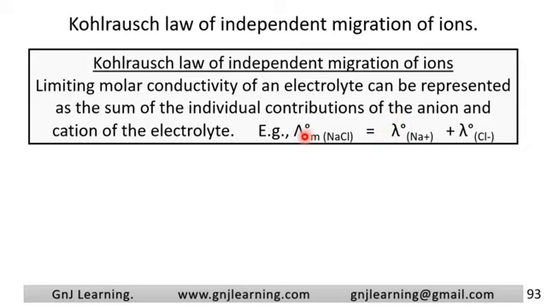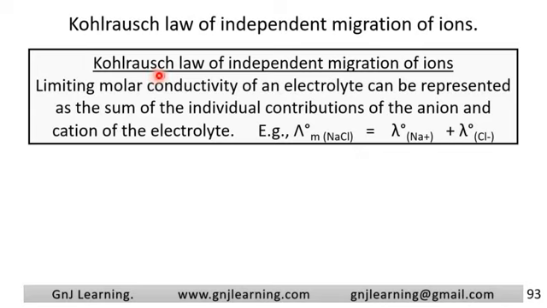This is uppercase lambda for the entire electrolyte, and for the ions it is lowercase lambda. Lowercase lambda 0 of Na plus and lowercase lambda m0 of Cl minus. If you add both of these, you will get the entire lambda m0 of NaCl.